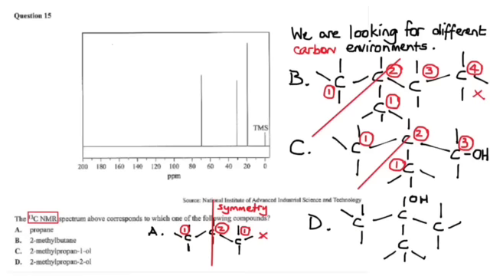Now, D is 2-methylpropan-2-ol, so the ol is on the 2. How many carbon environments have you got there, guys? Have a jolly good look at it, because these three methyl carbons all see the same rest of the neighbourhood.